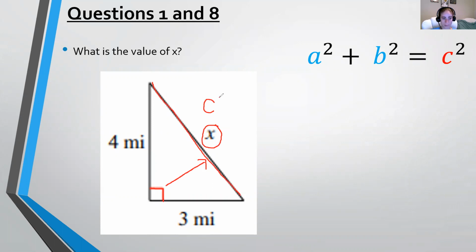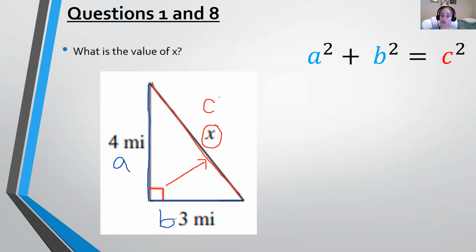This time, we are being asked to find our hypotenuse. That's the slightly different part. That means our other two sides must be A and B, and they do come together to form a right triangle. So we can make 4 miles A and 3 miles B.